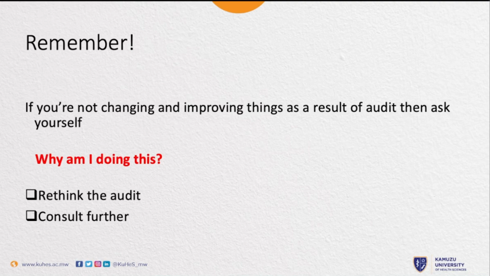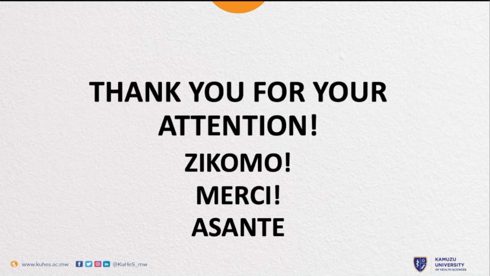If you are not changing or improving things as a result of an audit, then ask yourself, why am I doing this? It's a good statement. Why am I doing it? You are doing audit, but nothing is being changed. Why are you doing it? Just rethink that audit, or consult again so that we have improvements.